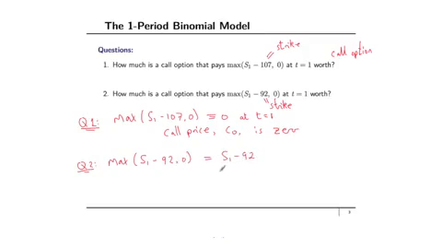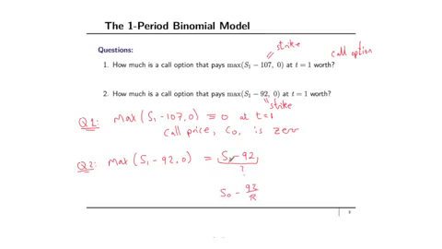That is because the stock price at time 1 is always greater than or equal to 92, so the max will always occur at S1 minus 92. So if I'm going to get S1 minus 92 at time t equals 1, how much is this payoff worth today at time 0? Well, linear pricing tells me it must be worth S0 minus 92 over R.